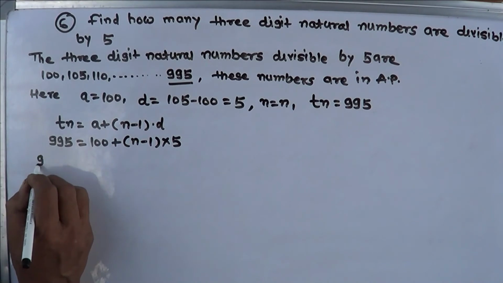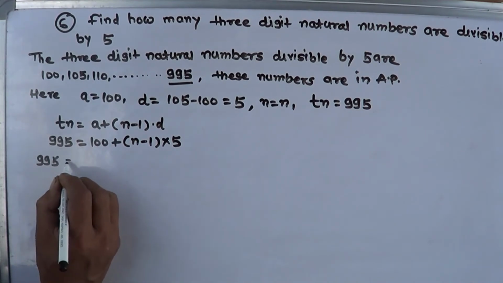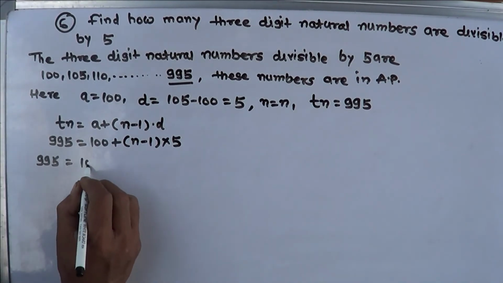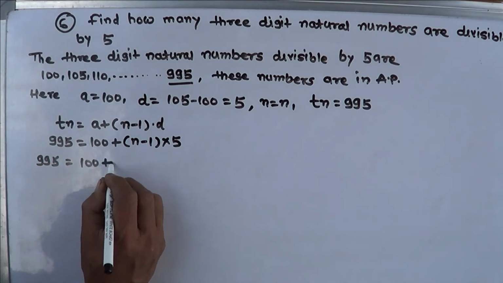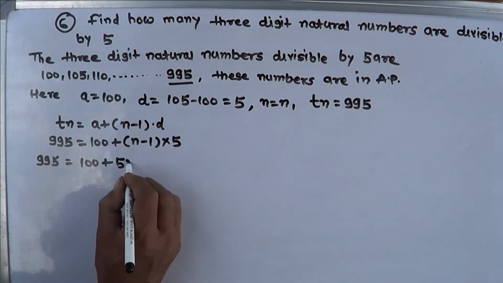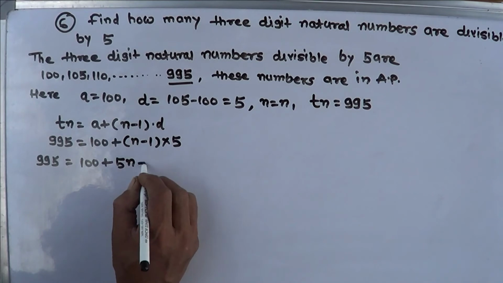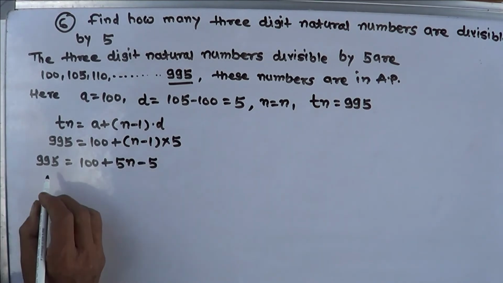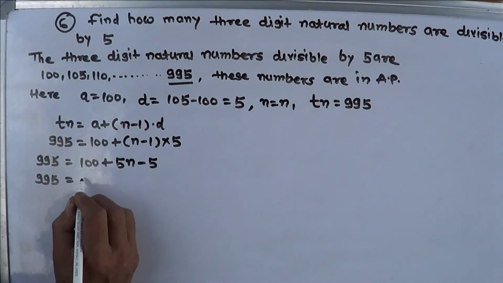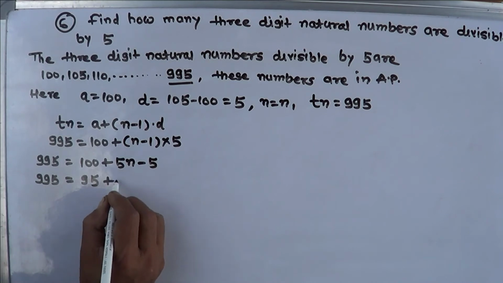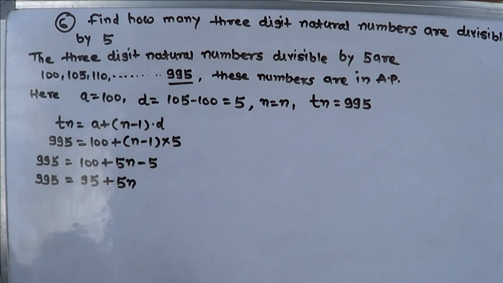This is 995 equal to 100 plus 5 into n, that is 5n, 5 into minus 1, this will be minus 5. So here we will get 995, which is equal to 100 minus 5, that is 95, plus 5n.